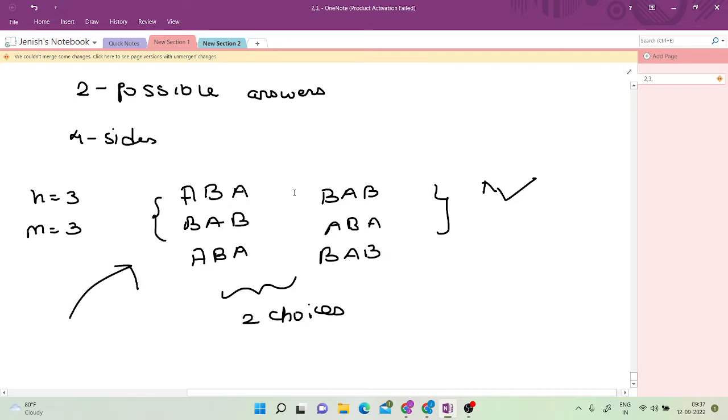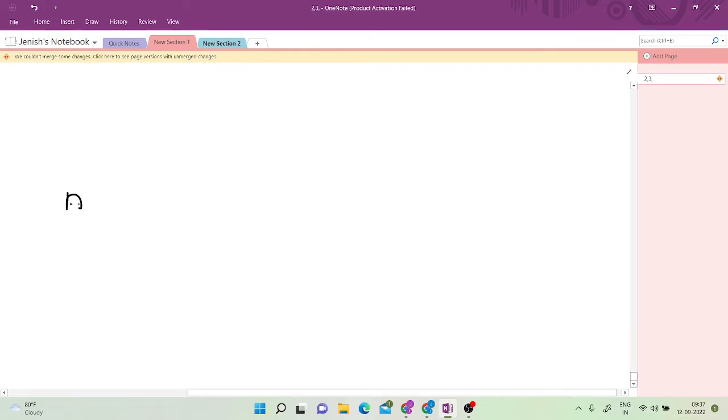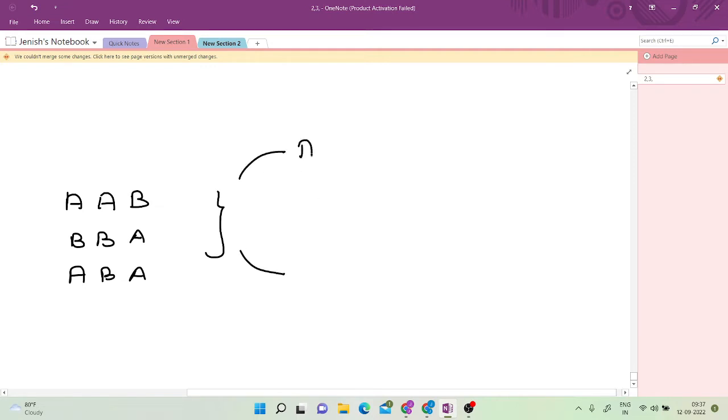So that means if I am given an input like this, I could make this matrix into one pattern or the other. One thing I could make is like this, or the second possible would be this.